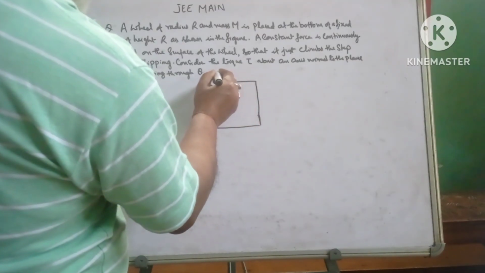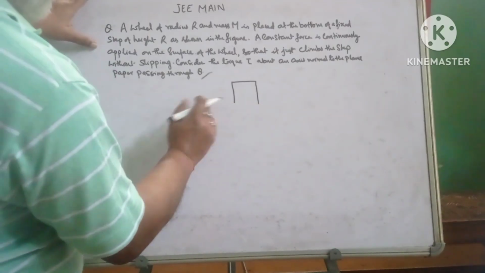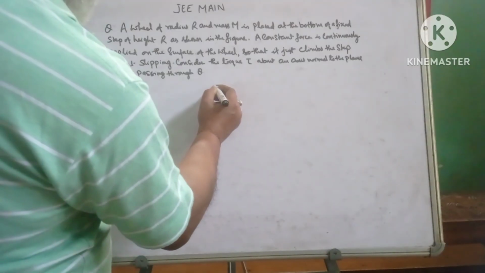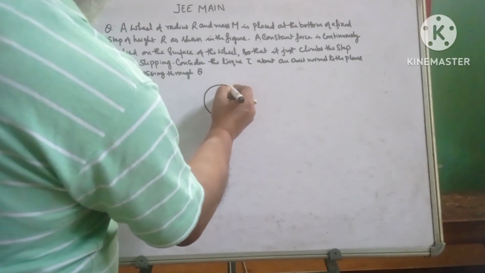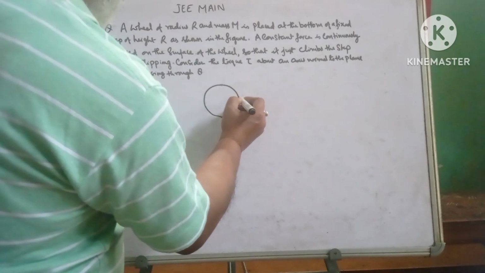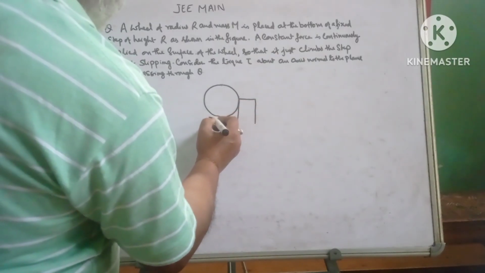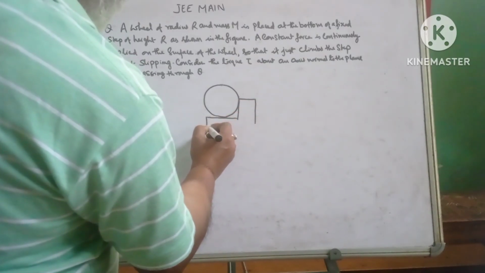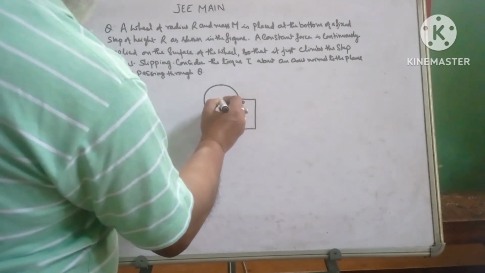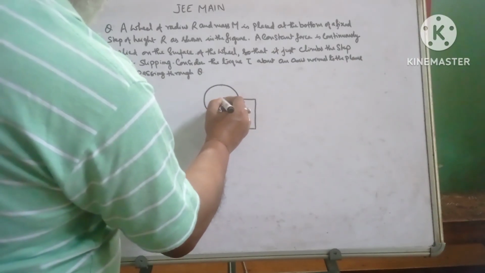See here, this is a wheel, Q is the center, and this is your r.